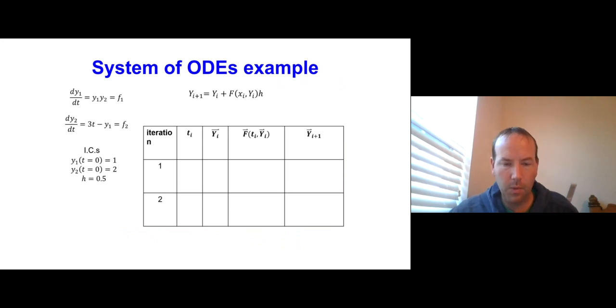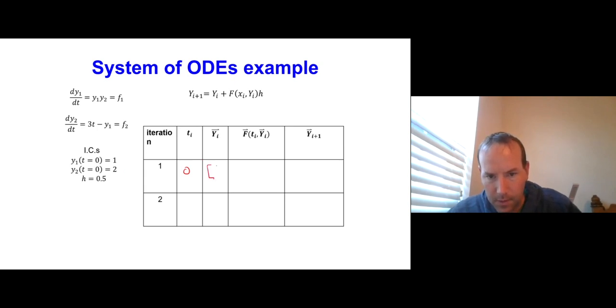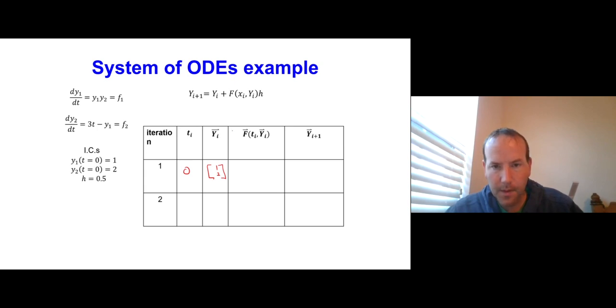Okay, so that's one example of a system of differential equations. We're going to use a little bit simpler one for our hand example, to walk you through the process. So first off, we're going to start at t_i equals 0. And from our initial conditions, that tells us the starting values. So it's 1 and 2. And then these are our f values right here.